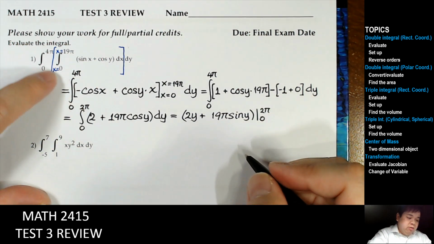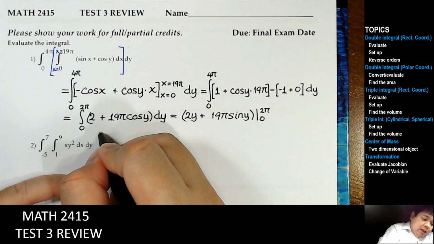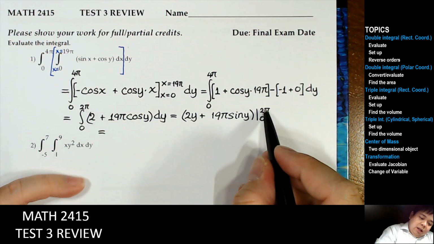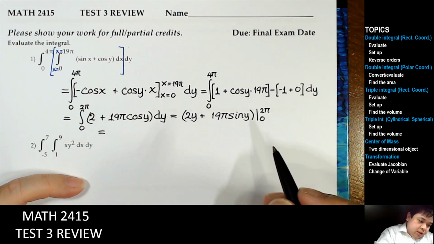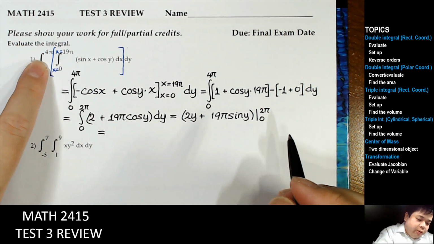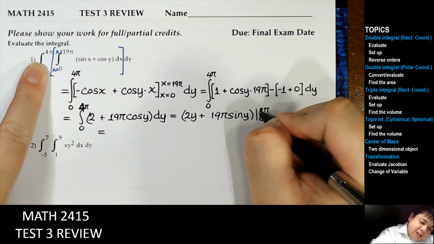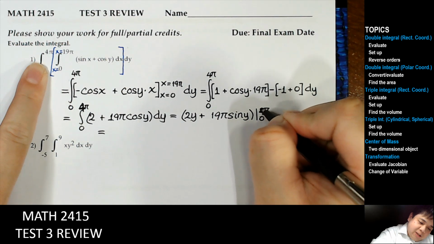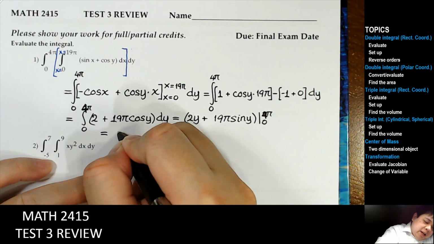And of course that will be the values for substituting for y. So put 4 pi in there, we have 8 pi. I'll just write 2 times 4 pi.